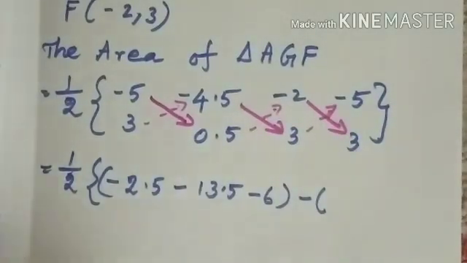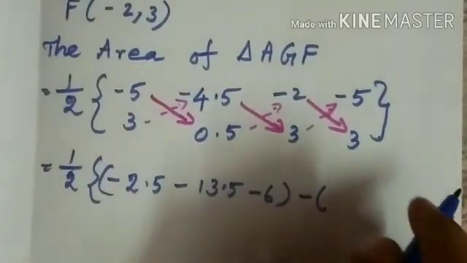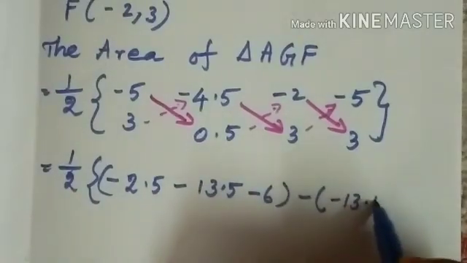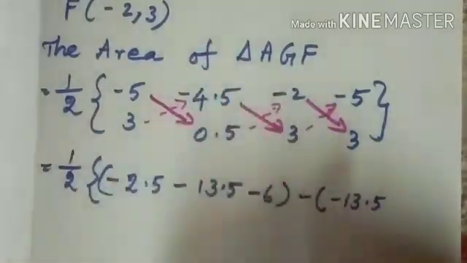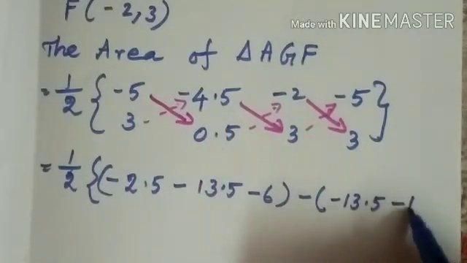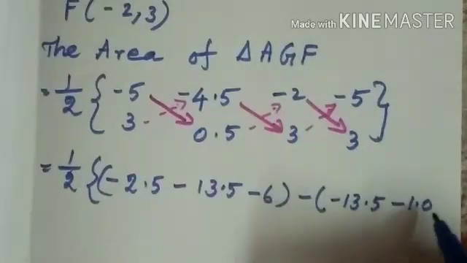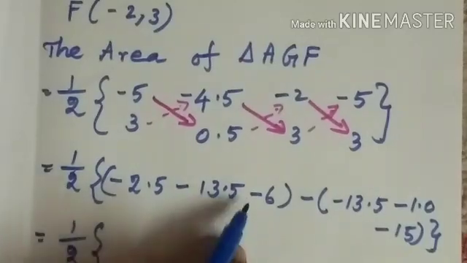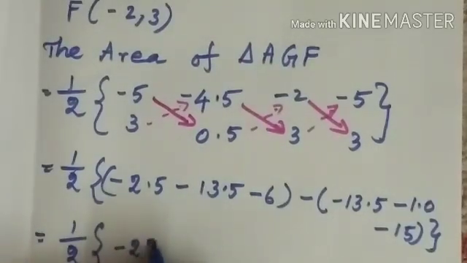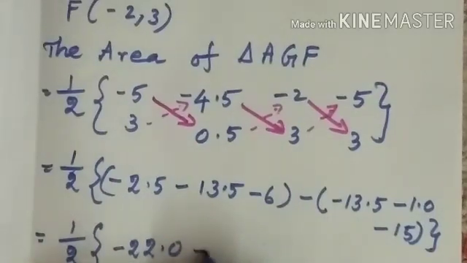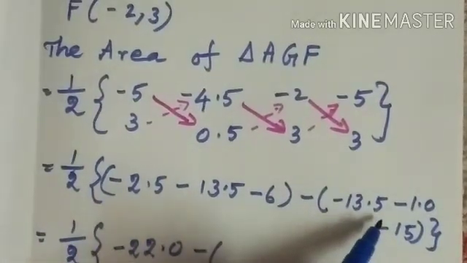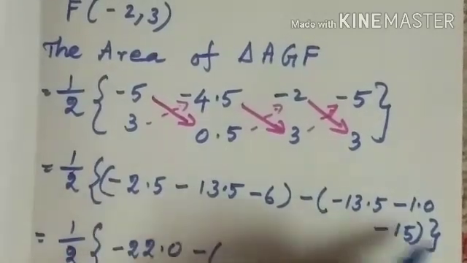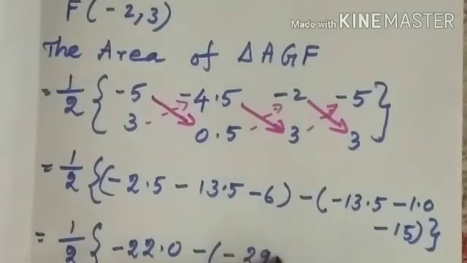Then we have 3 into minus 4.5, we get minus 13.5, then 0.5 into minus 2 is minus 1.0, then 3 into minus 5 is minus 15. Add this, we get minus 22.0. Then minus of minus 13.5 minus 1.0 minus 15. Add this, we get minus 29.5.